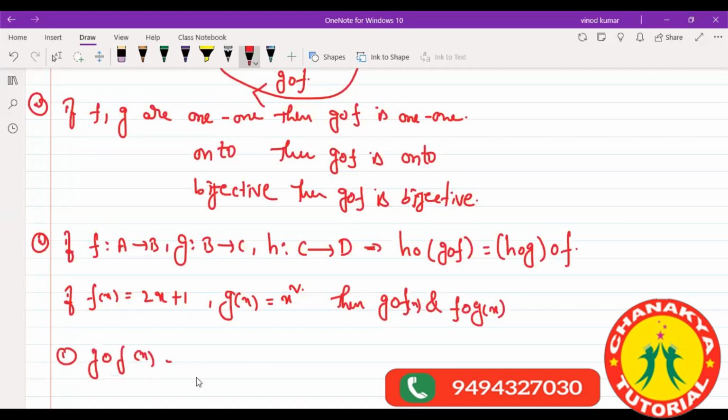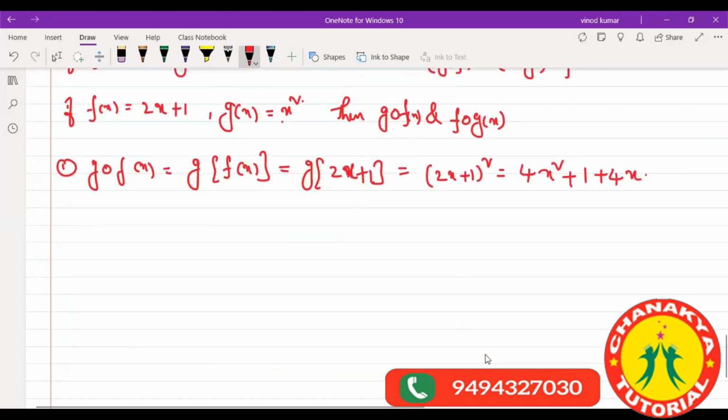This can be written g of f of x. f of x means 2x plus 1, so g of 2x plus 1. g of x is x square, so in place of x we put 2x plus 1 whole square. This is 4x square plus 1 plus 4x. That is g circle f.